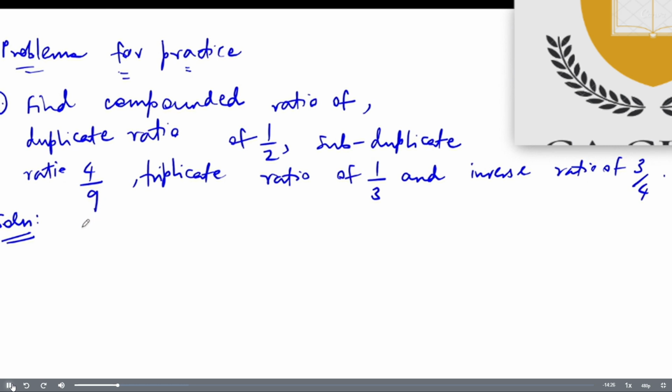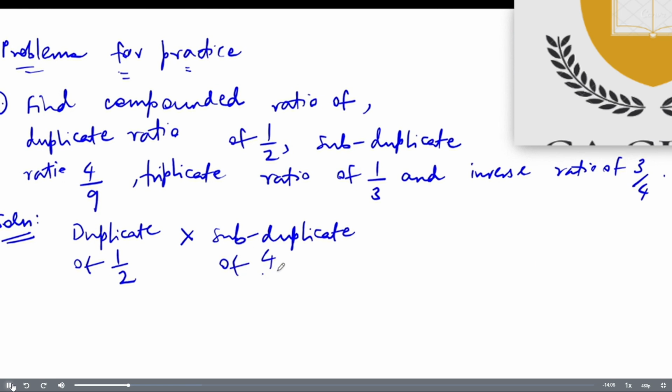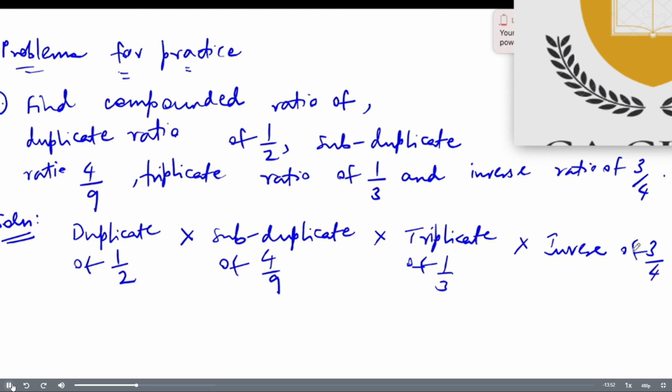Compounded ratio means multiplication. So what we should do is duplicate of 1 by 2 into subduplicate of 4 by 9 into triplicate of 1 by 3 into inverse of 3 by 4.